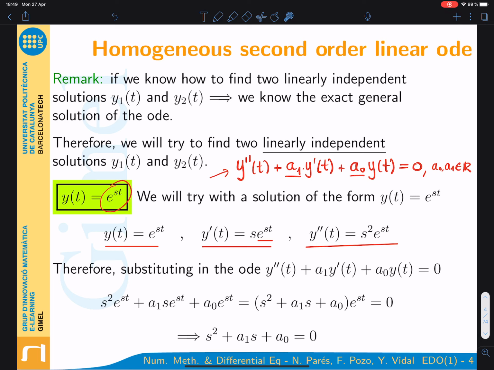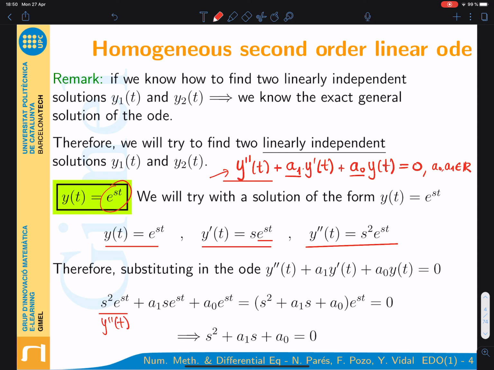And now we will just substitute these y prime and y prime prime into the differential equation that we want to check if y is a solution. That's what we do here. Y prime prime is this term here, and is written here. This term is y prime prime of t.